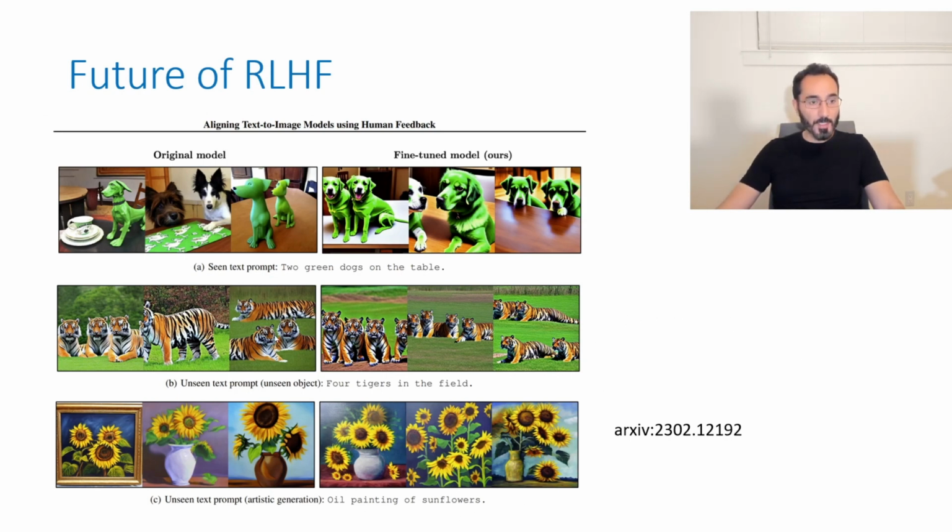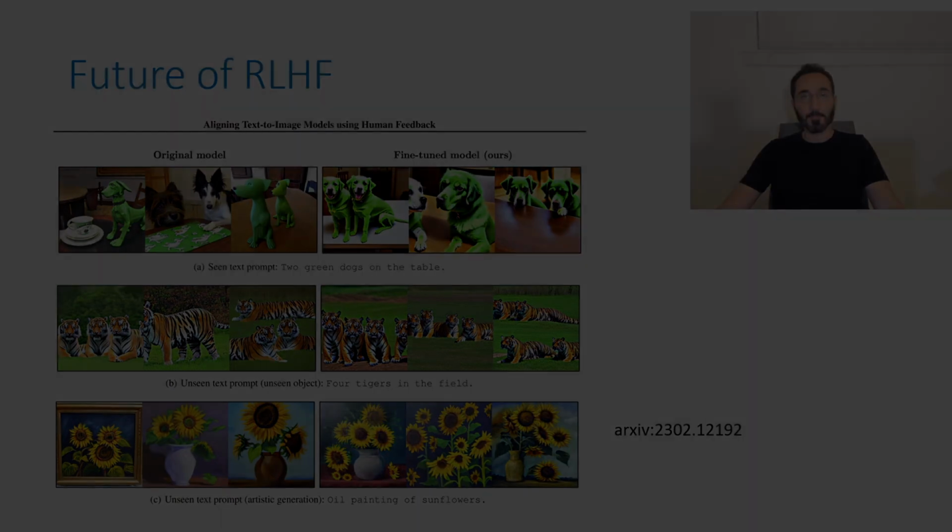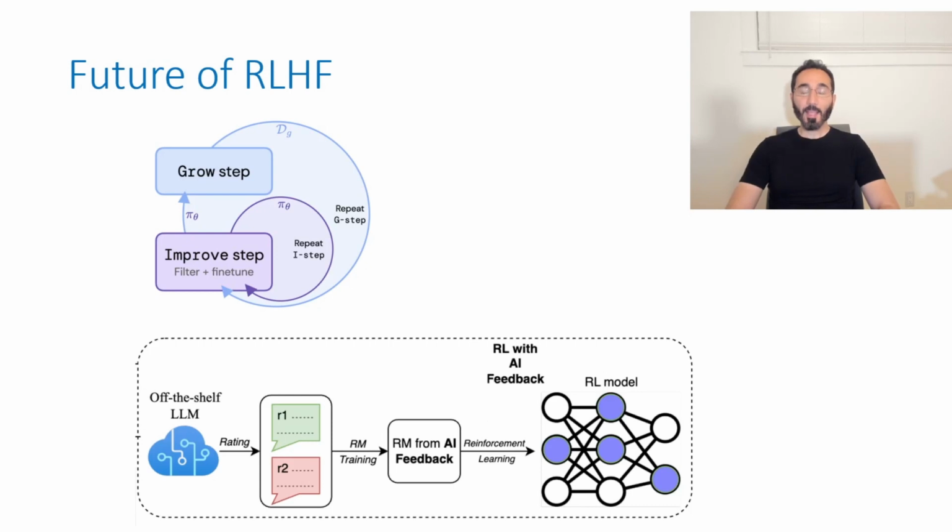Here you can see some examples on the left before alignment and some examples on the right where the researchers from Berkeley and Google used RLHF to fine-tune the model. And you can see that the precision is a lot higher. So it can be used for any generative applications. We can expect simpler versions of RLHF to emerge soon.